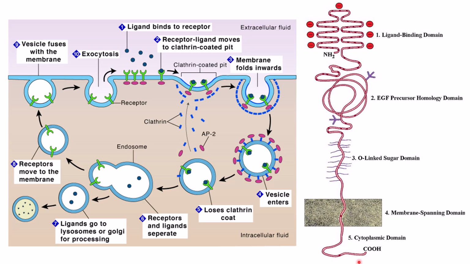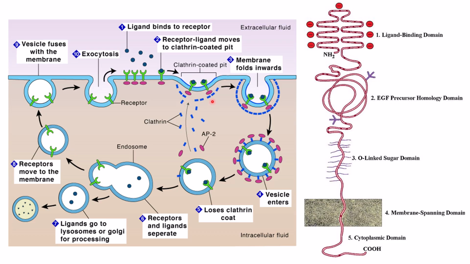This is the receptor in clathrin coated pits. Now the cytoplasmic domain will bind to the adapter protein, see here, AP2. This adapter protein will bind to the clathrin. These are the clathrin. So it will bind there, and it is facing the cytosolic side.